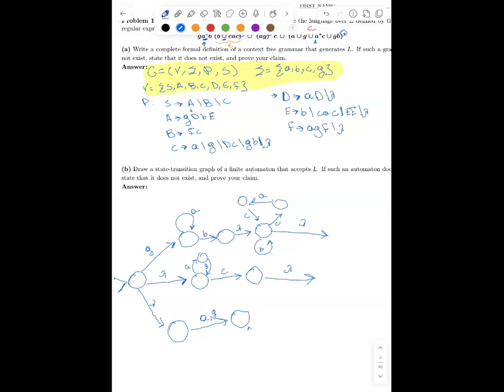And then I will get, I can have A with C here.